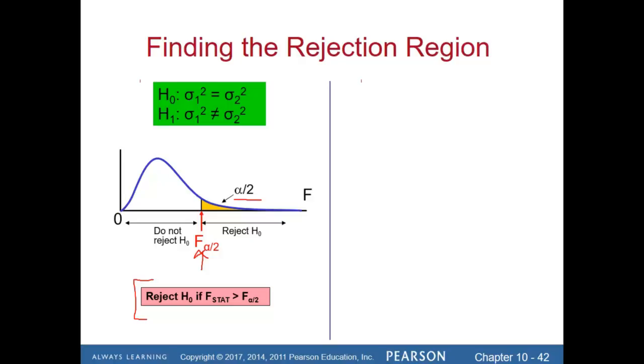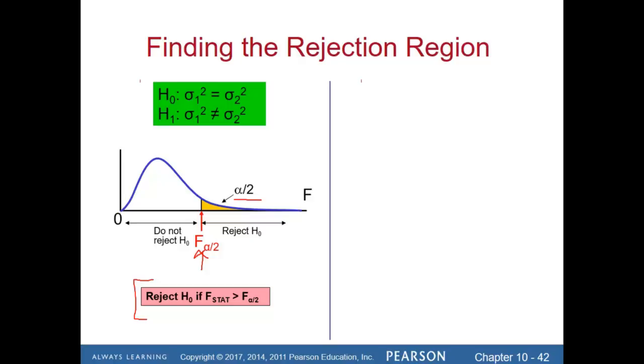Now, we said that an F distribution represents a ratio between two different variances, and in my hypothesis test, I'm postulating that they're equal to one another. We can also do a little bit of algebra in terms of the way we've written these hypotheses.